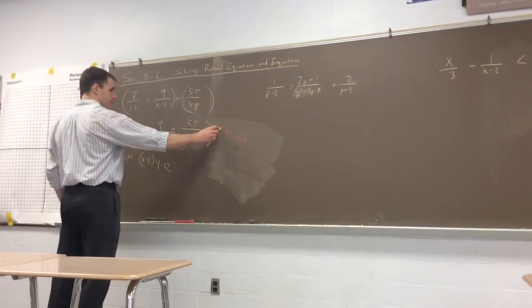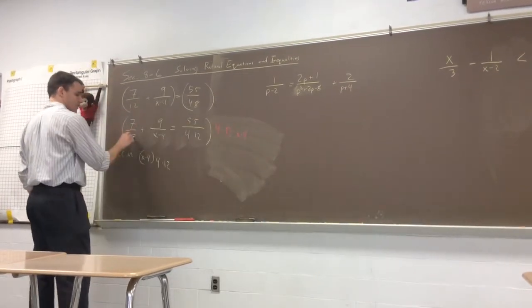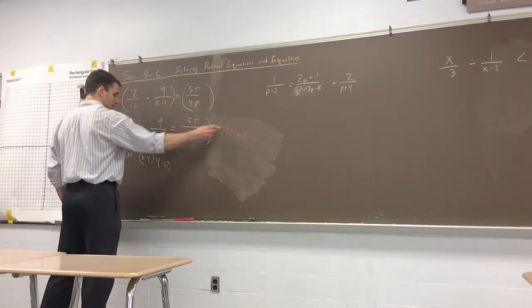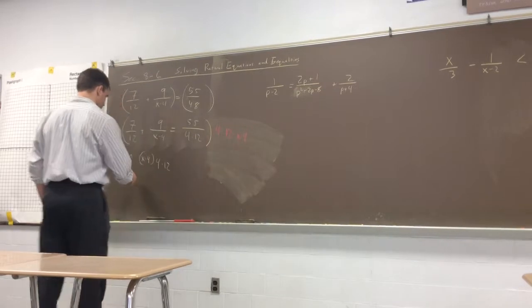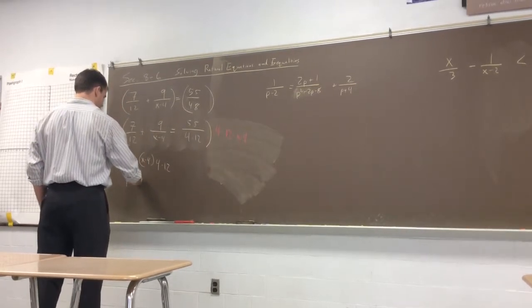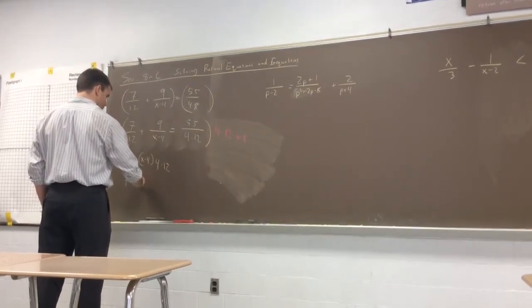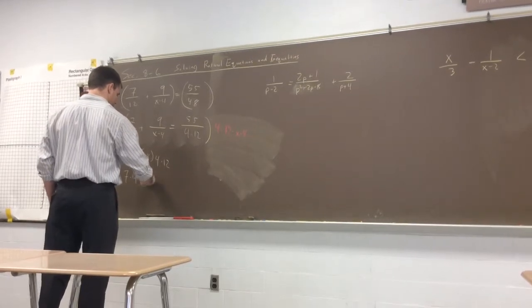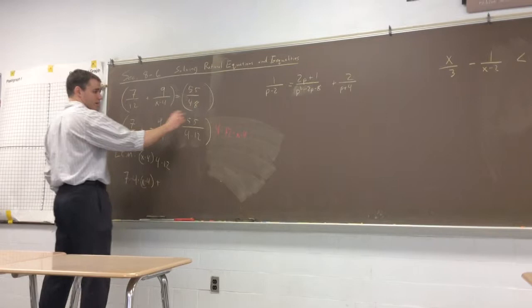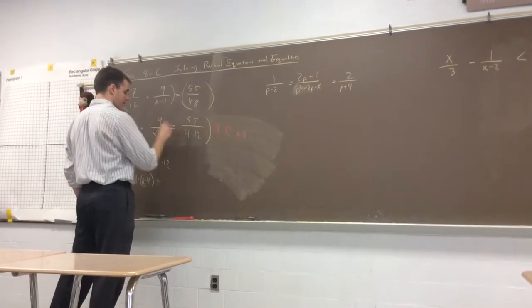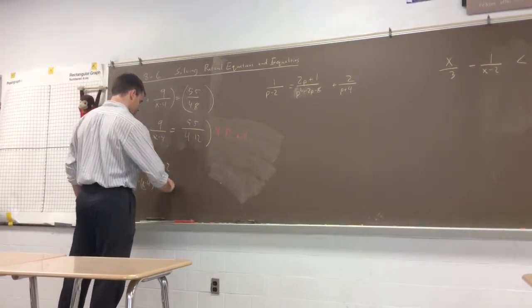So 4 times, if I multiply this one here, 12 will cancel out. And I have 7 times 4 times x minus 4. 9 times 4 times 12. The x minus 4s over there cancel out though.